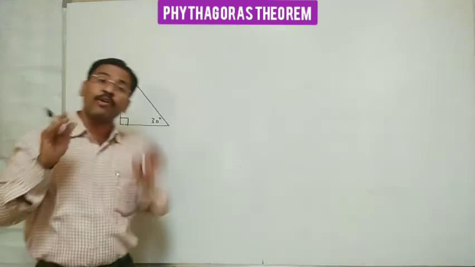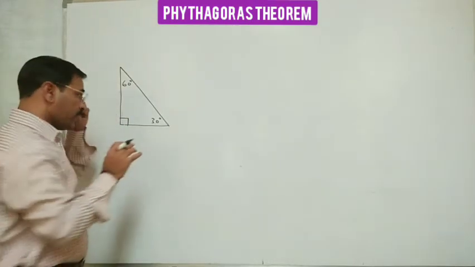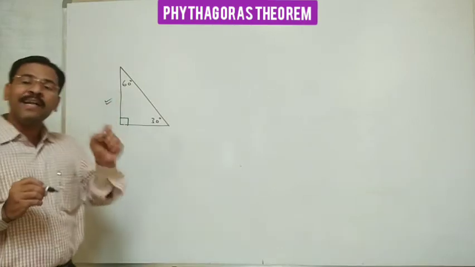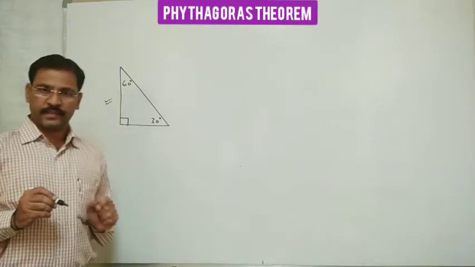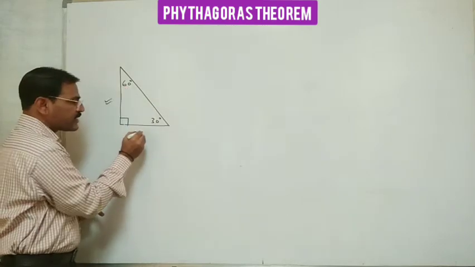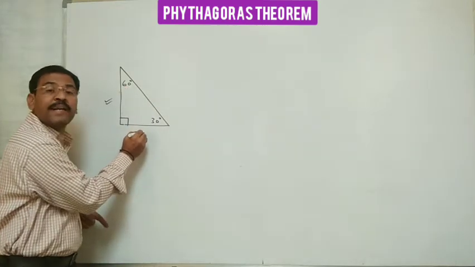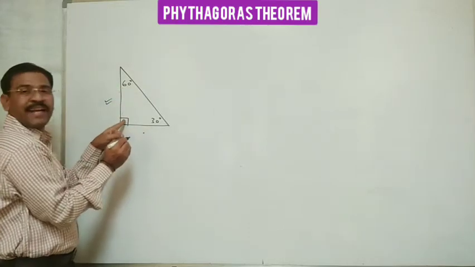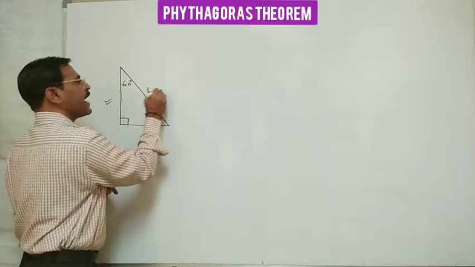In 9th standard we already know. This is the 30, that means this side is the side opposite to 30 degrees. Now here is the 60 angle, so this side should be the side opposite to 60. And obviously, because this one is the right angle, I'll write here this is the hypotenuse.